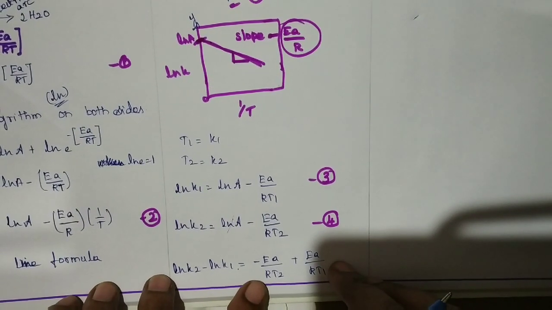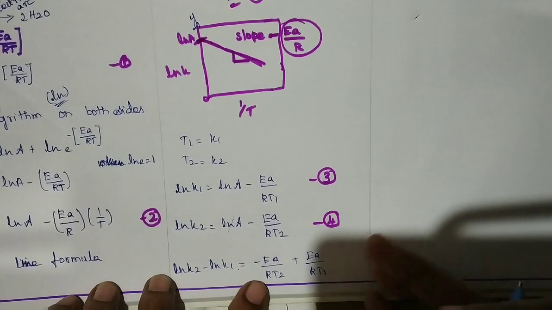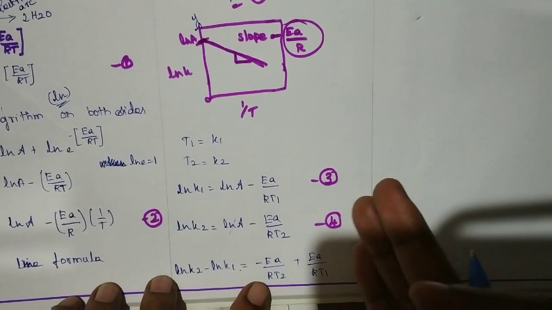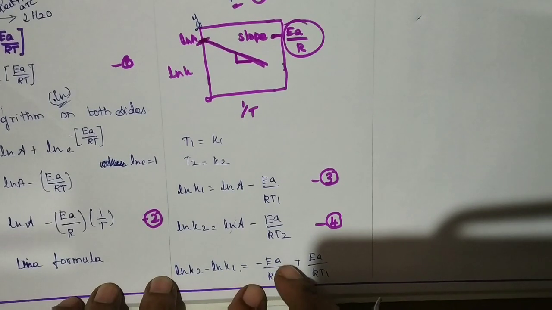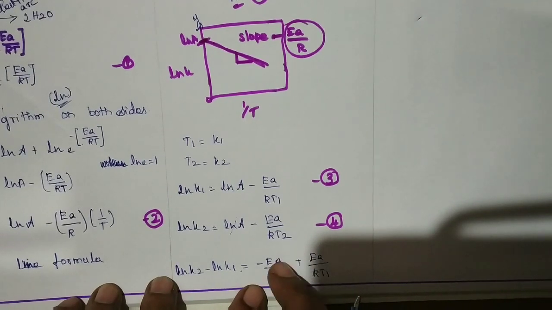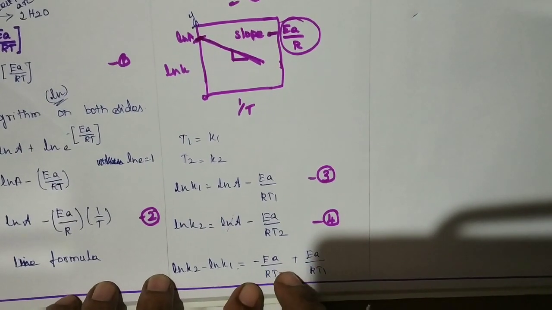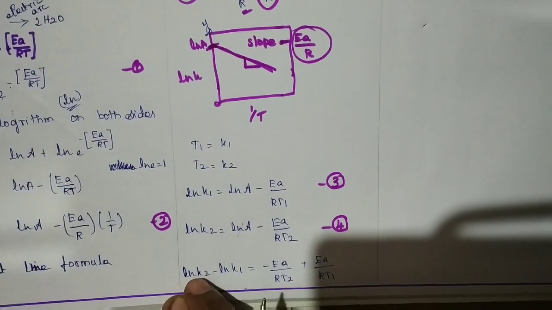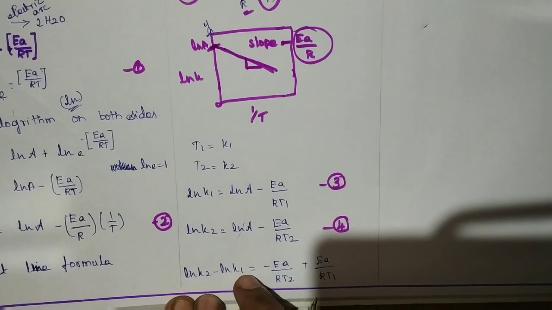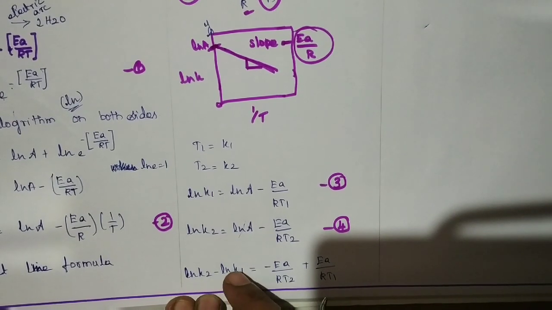Here we take out the common factor Ea by R, and ln k2 minus ln k1 is written as ln k2 by k1.